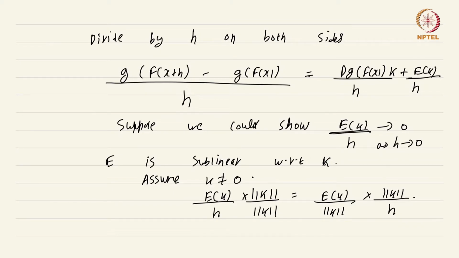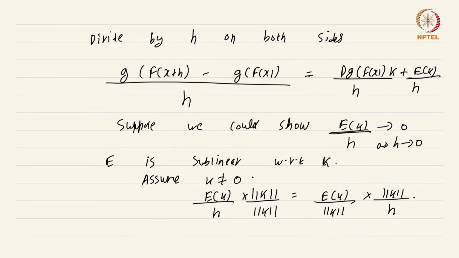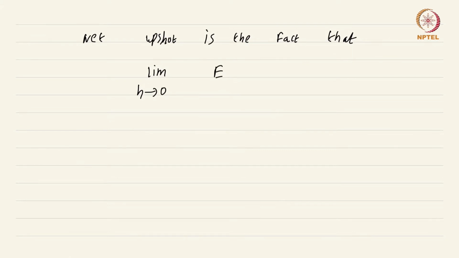If k is not 0, we can make this quantity really small because this quantity is bounded and this quantity is going to 0. Net upshot is the fact that limit h going to 0, e of k by h is equal to 0.